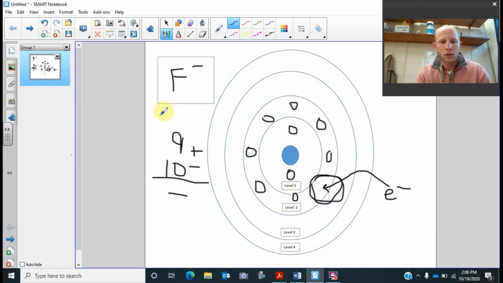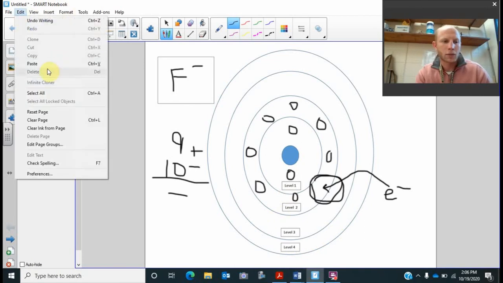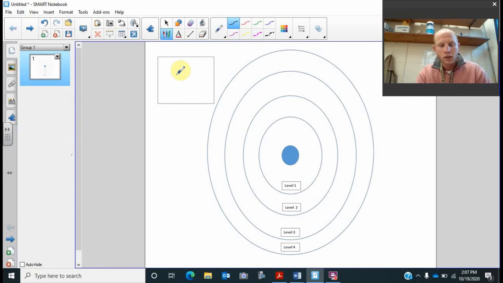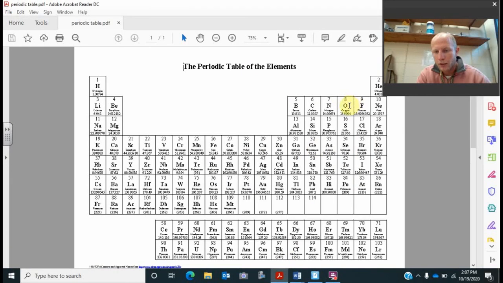This is it. So let's do one that has a bigger charge. Let's go with oxygen. So oxygen. What's going to be our ionic charge? Or this is actually called the oxidation number that we put up here. Okay, so we know if we look at oxygen over here, oxygen's right here. He's 2 away from being a noble gas. So how many electrons may he gain or lose?